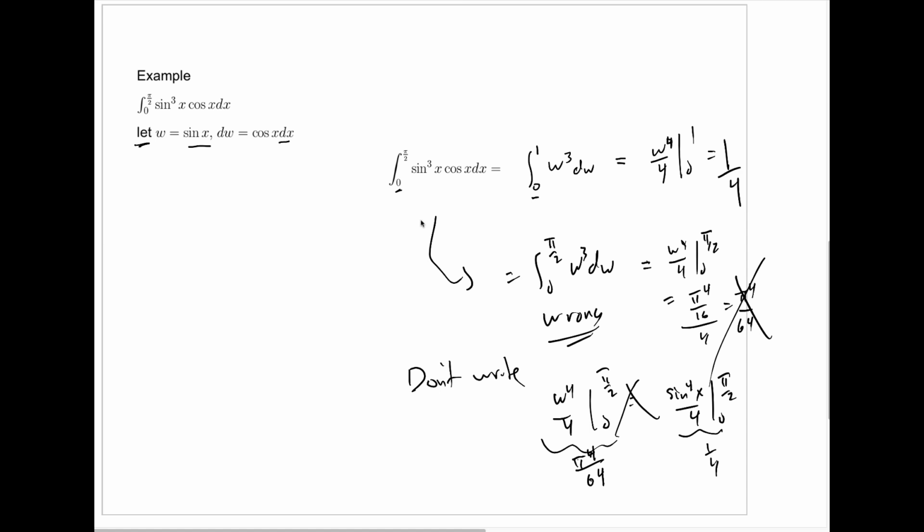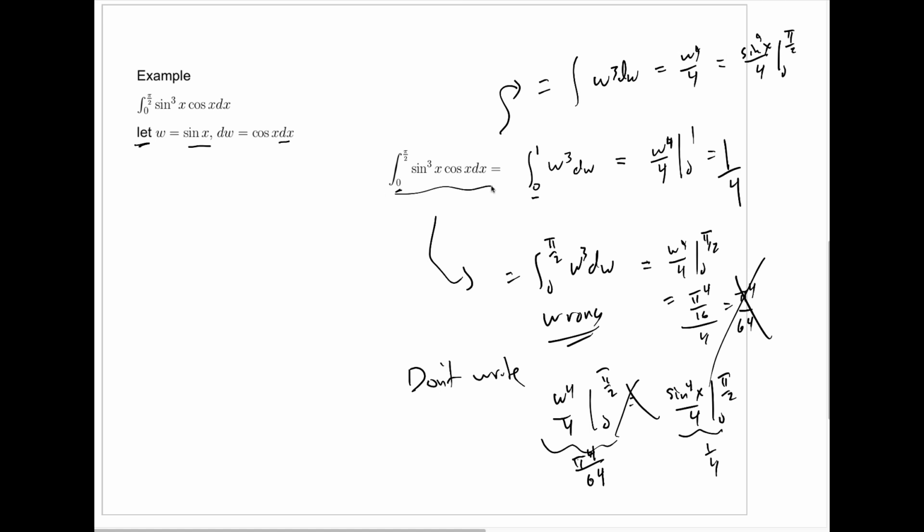Also, don't start throwing in indefinite integrals. In other words, do not write that this is equal to the integral of w cubed dw, and leave out the limits entirely, and then somehow change back to sine, and then put the limits in.